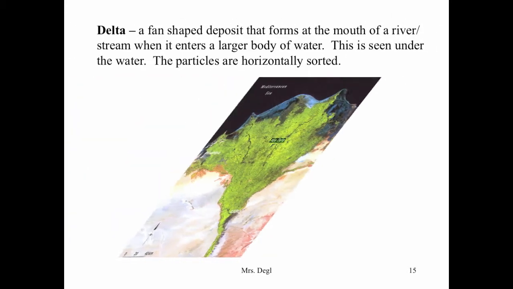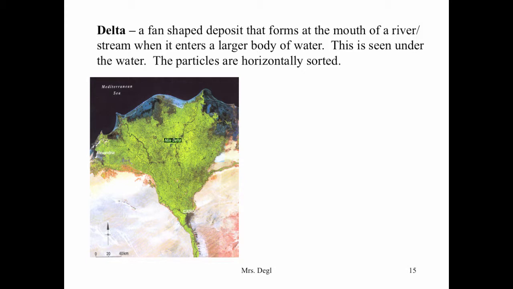So let's talk about a delta. Here is a great picture of a delta in the Mediterranean Sea. A delta is a fan-shaped formation of land that is formed from the deposit of sediments at the mouth of a river when it enters a large body of water. This is seen underwater, and the particles are actually horizontally sorted.